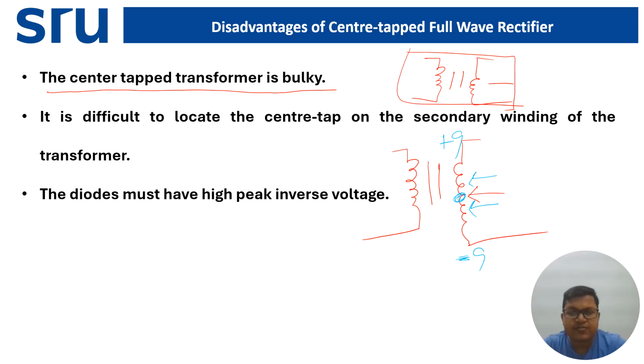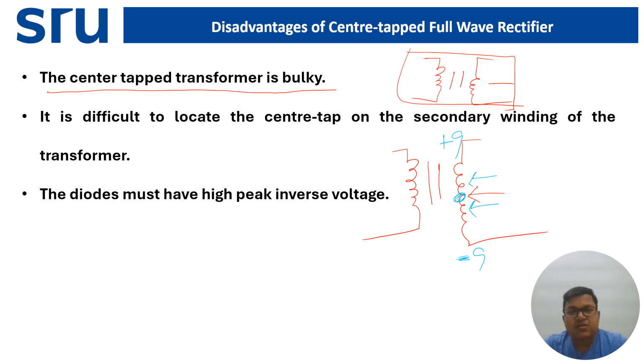As you know, the peak inverse voltage of this type of center tap based full wave rectifier is high, and the diode D2 or diode D1, in the case of different cycles, has to withstand this much peak inverse voltage, which sometimes is not bearable for the diode. That puts the circuit at risk of being burnt out.